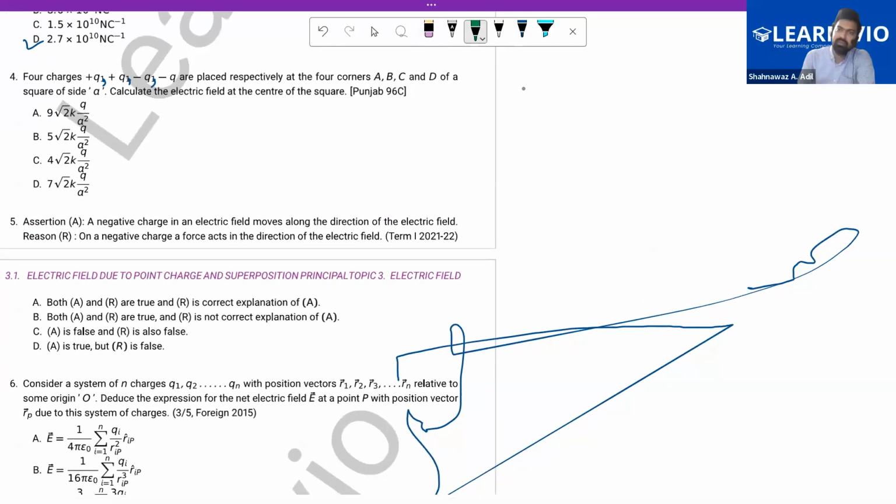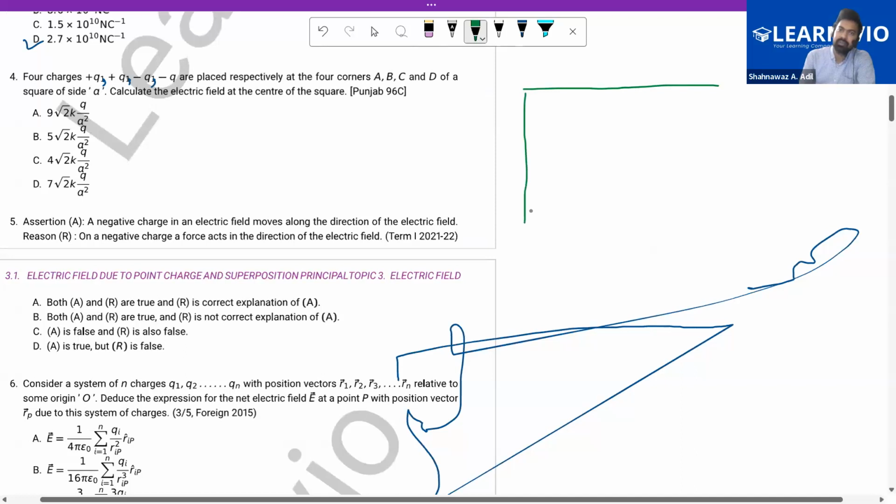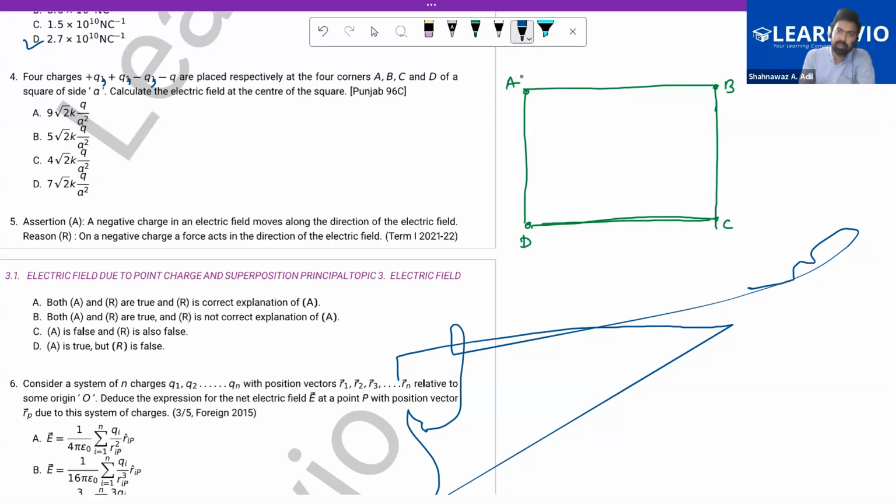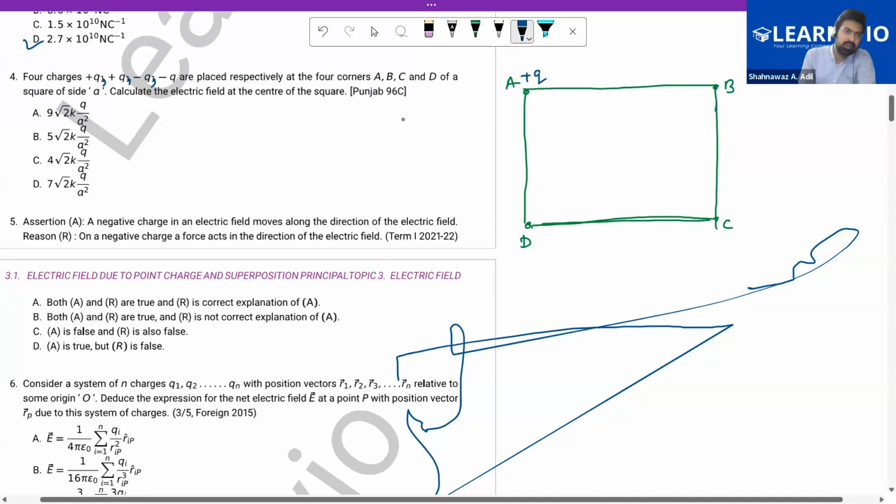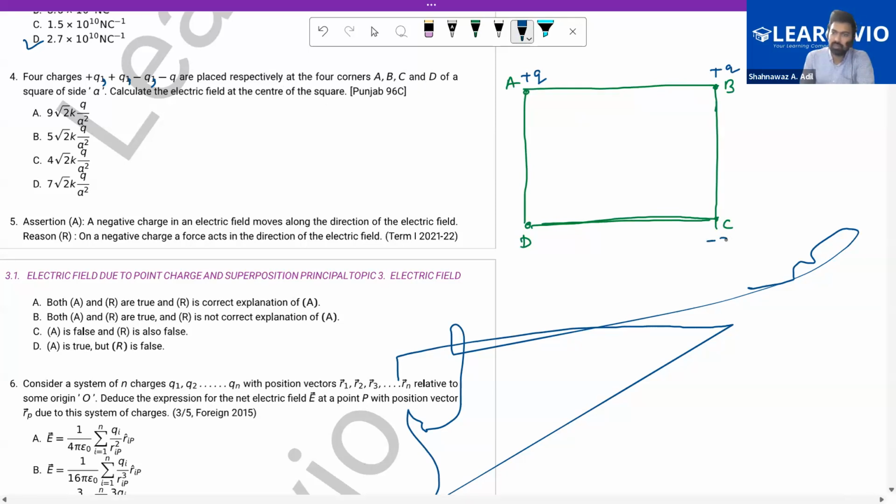So you have a square. Let's say this is A, this is B, this is C, this is D. You have plus Q here, plus Q at B, minus Q at C, and minus Q at this corner.